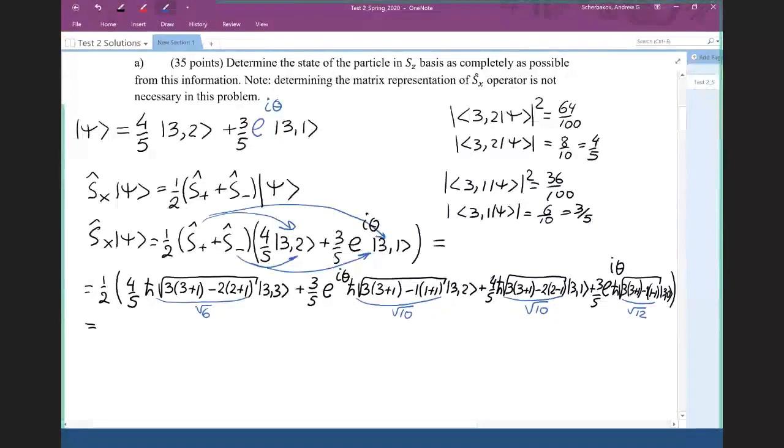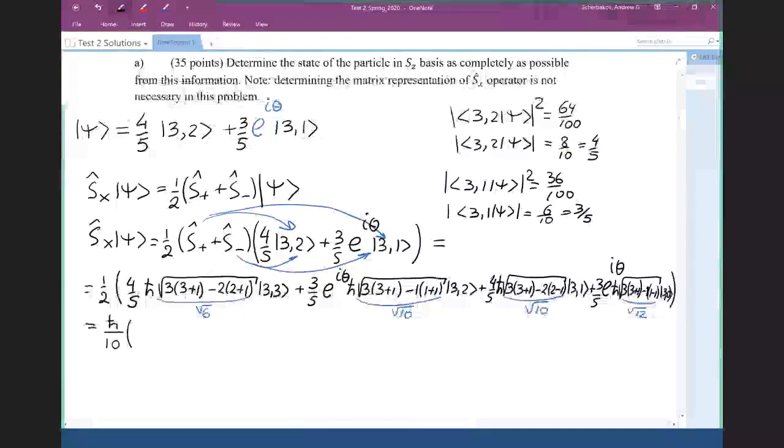Let's write it down in a more compact way, and I can also factor out what is in common. I can factor out h bar, and I can factor out 5, so it's going to be 10 outside.